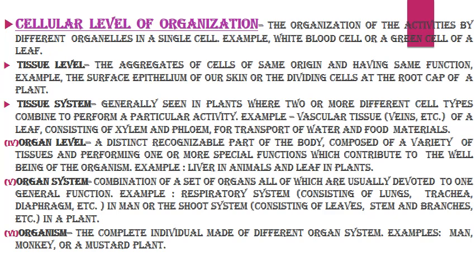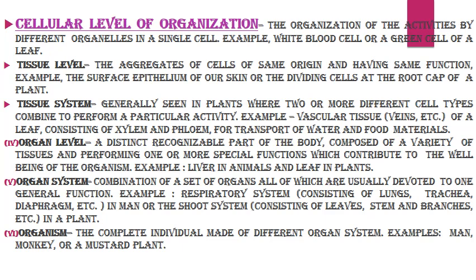Example, the surface epithelium of our skin or the dividing cells at the root cap of a plant. Next is tissue system, generally seen in plants where two or more different cell types combine to perform a particular activity. Example, vascular tissues of a leaf consisting of xylem and phloem for transport of water and food material.